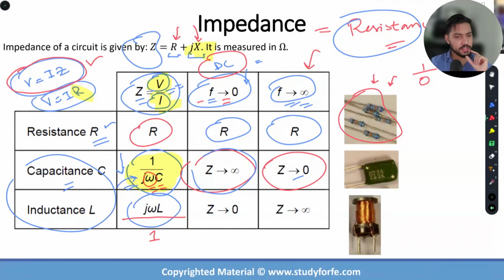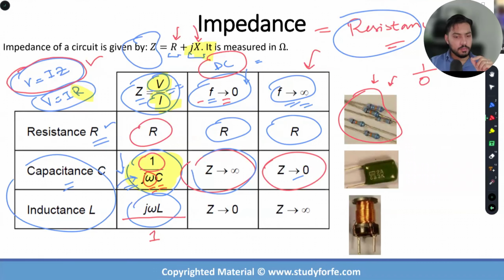And the reason I'm emphasizing this is that when we look at the impedance of a capacitor, you have this 1 appearing in the numerator. So it's easy to make the connection that your omega is in the denominator. Okay, so increasing the omega will reduce the impedance of the capacitor. Decreasing the omega will increase the impedance of the capacitor.